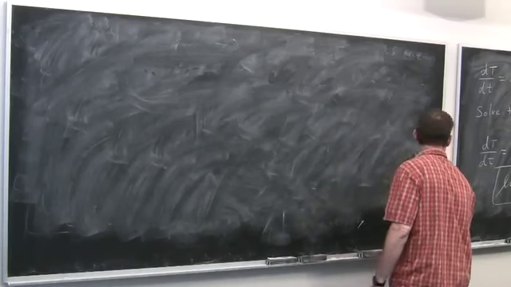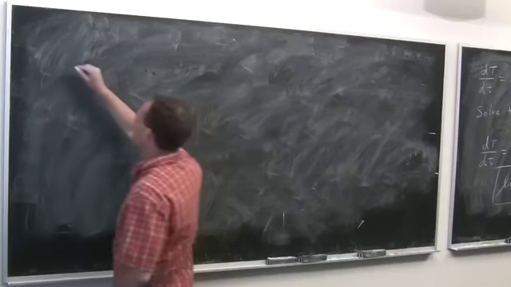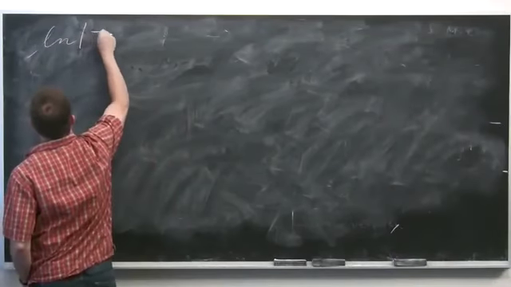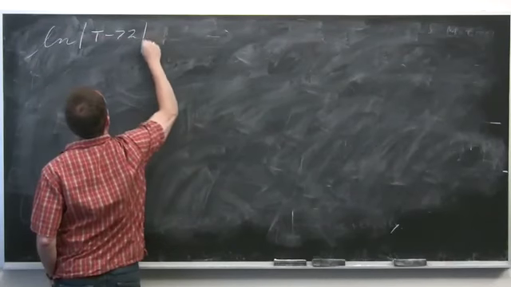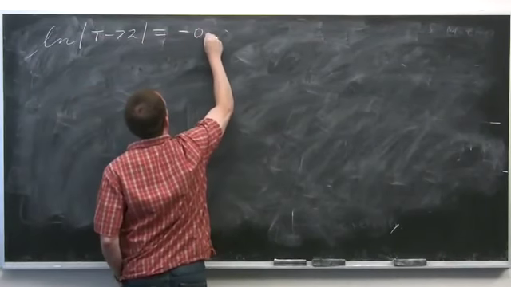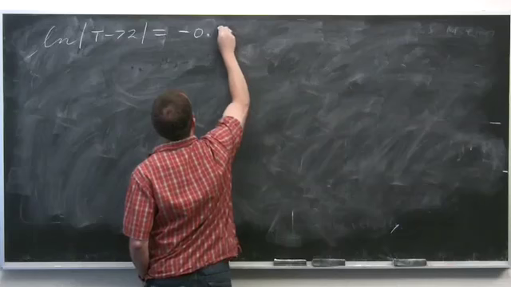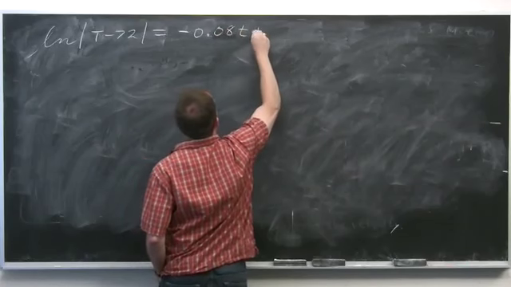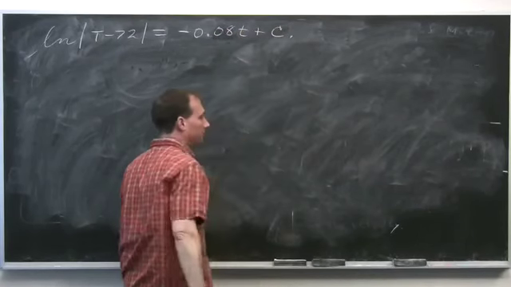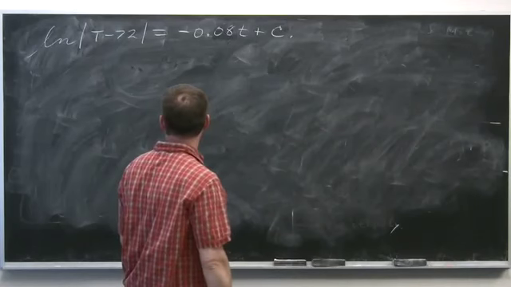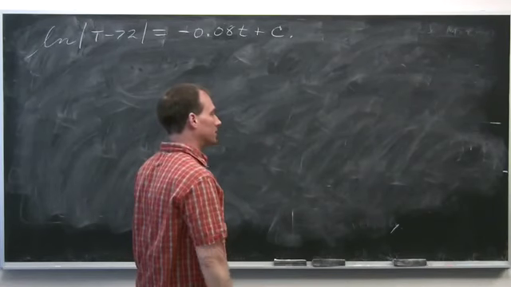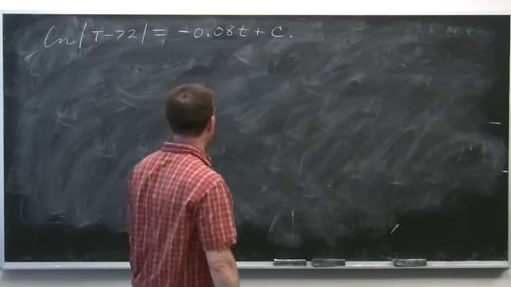So what do you get? We've got the natural log of the absolute value of T minus 72 is negative 0.08 t plus c, where little t is in hours and capital T is in degrees Fahrenheit.